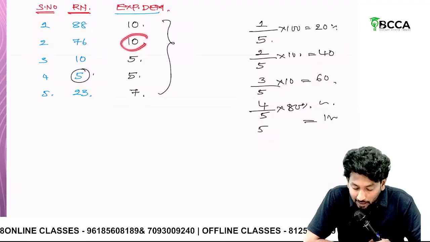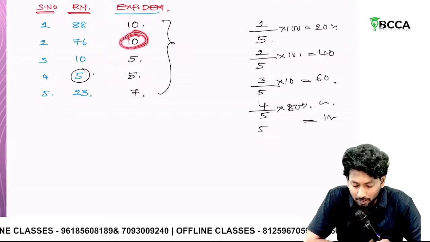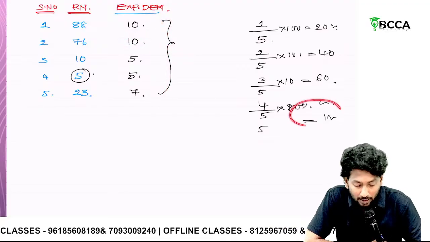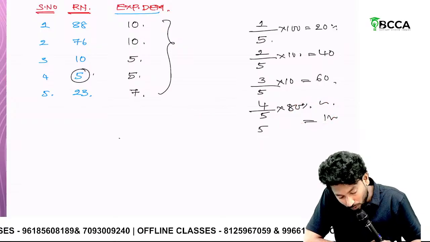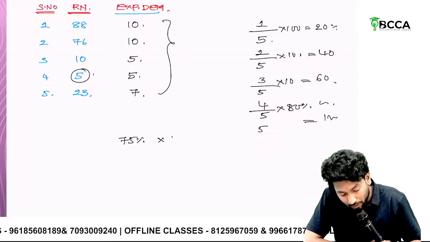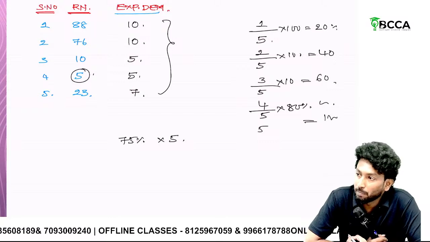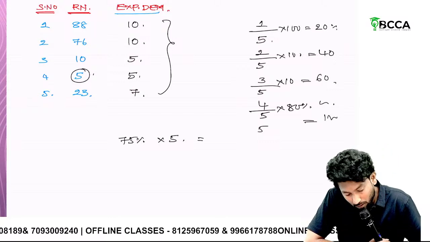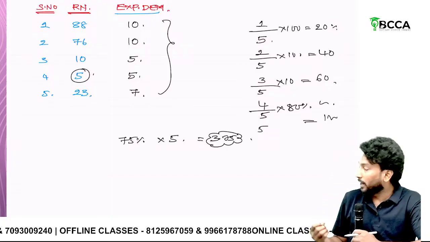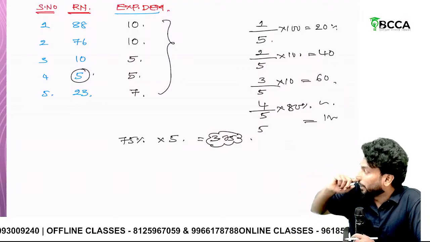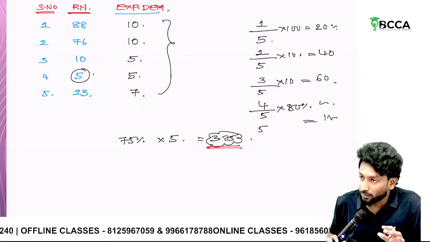If I maintain 10 cars, then I can satisfy all the days' demand, that is 100%, more than at least 75. 75% probability of 5 days, 5 into 75%, how much, sir? 3.75. That means to have at least 75% probability of meeting demand, we need to satisfy 3.75 days' demand, that means 4 days' demand at least.